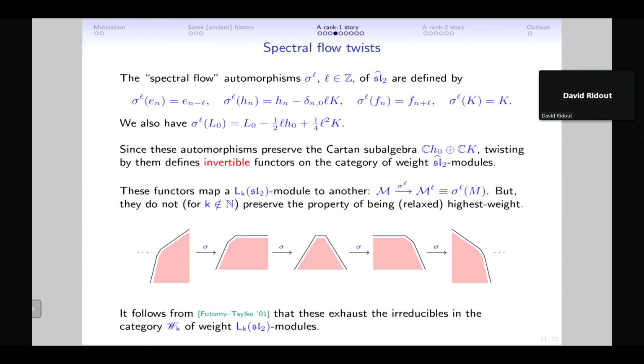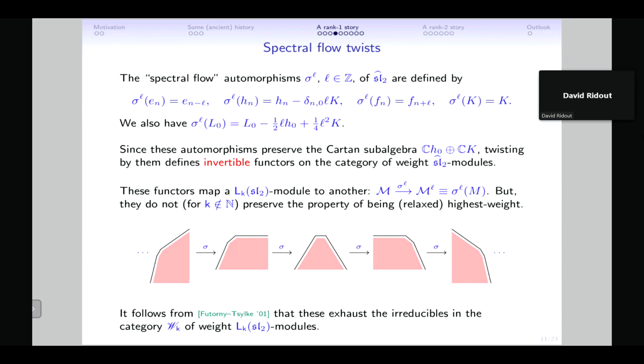But then when you spectral flow again, unless the level happens to be a non-negative integer, you end up with things which cannot be induced from any SL2 representation, at least not unless you change your triangular decomposition for the induction. And so what we have here then, if you remember the L_0 eigenvalue was increasing as we go down, what we have here is a case where the eigenvalues of L_0, the conformal weights, are not bounded below. So this extends off as far as you like.